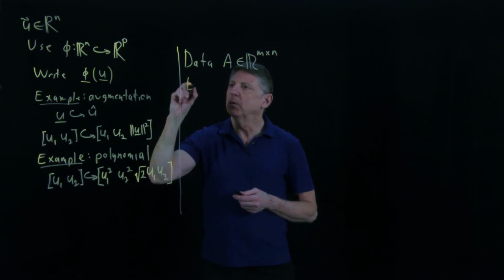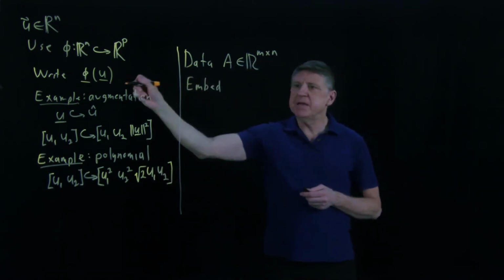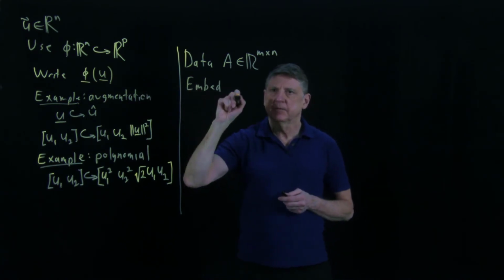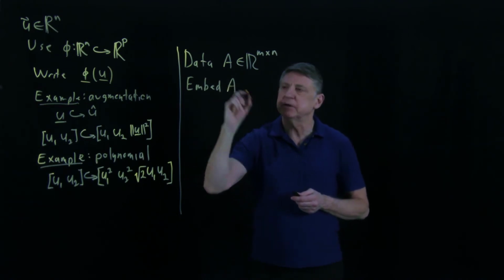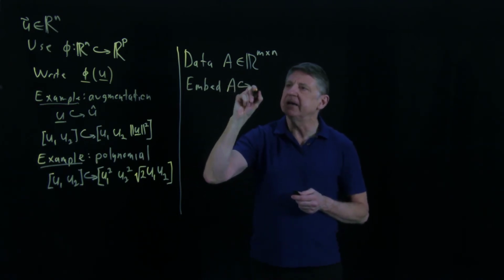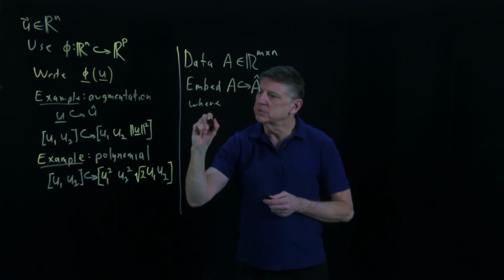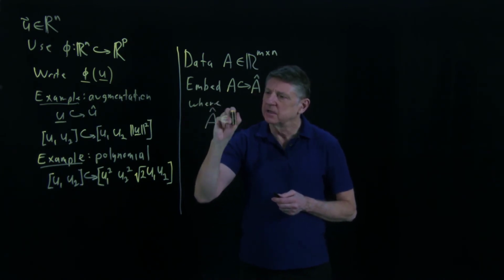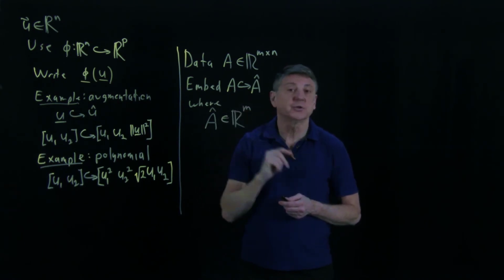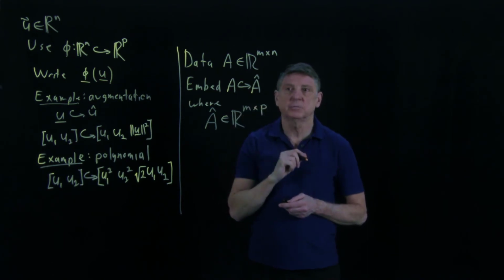Then we'll embed each observation, and we take our data matrix and embed that as an A hat. Now this A hat has, since we've embedded each observation, still m rows, and now there are p columns.